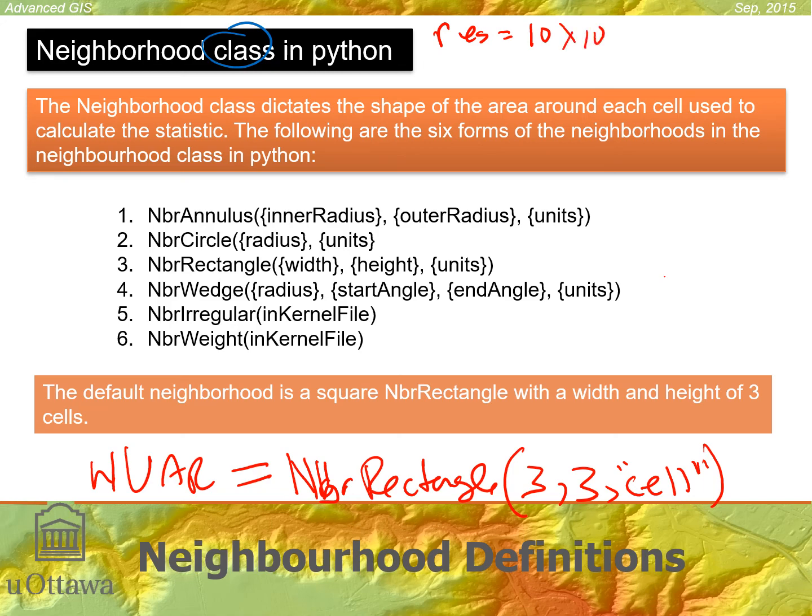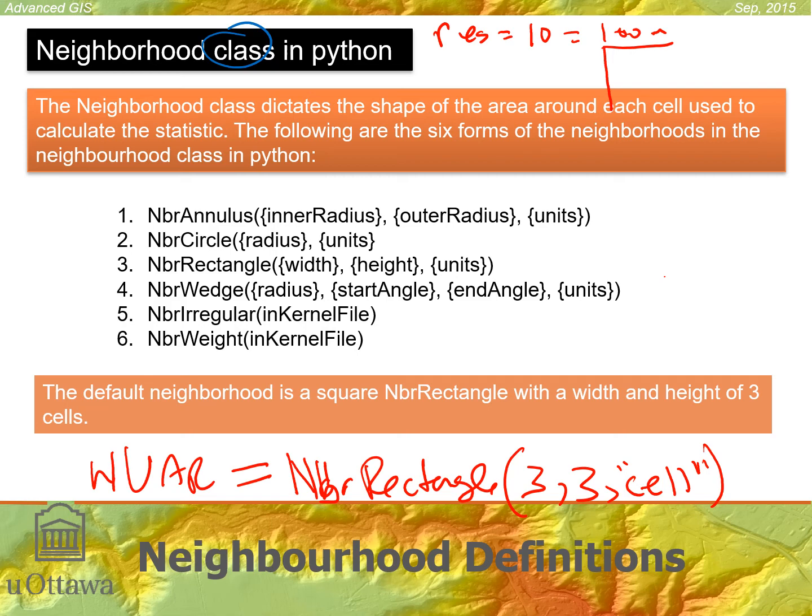But we see that 10 by 10 is equal to, right, 100. So each cell is 100 square units. Let's say it's meters, 100 square meters. But just 10 cells is 100 meters, right? So 10 cells equals 100 meters. And that would be the width of our neighborhood.